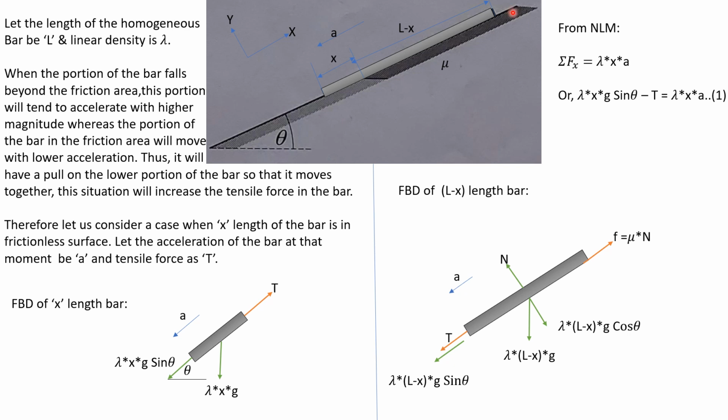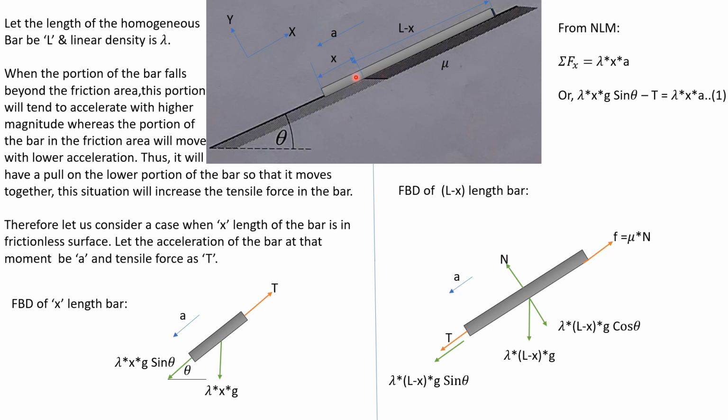So in this situation, the tension in the bar will not be that much when compared to the situation when part of the bar is in the frictionless area and part of the bar is in friction area.